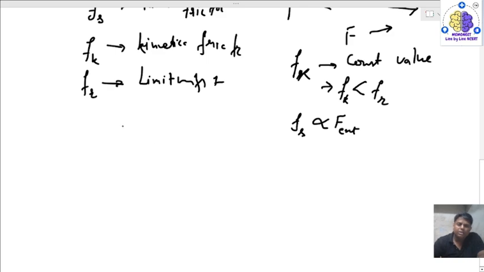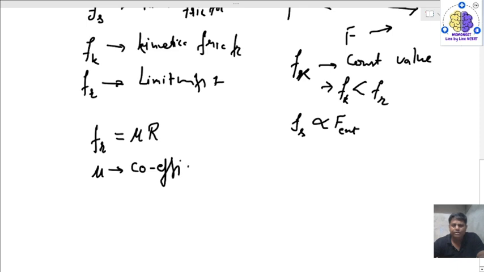Now, when I write Fr, this Fr can be commonly used for any type of frictional force. This frictional force is given by the formula Fr equals mu into the normal reaction force R, right? Where mu is known as the coefficient of friction, right?